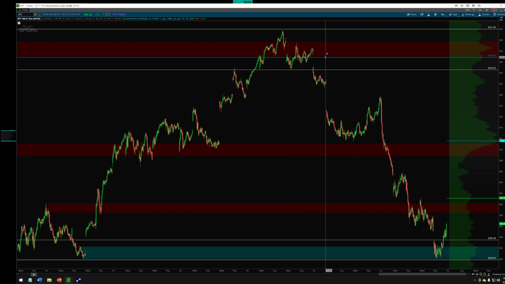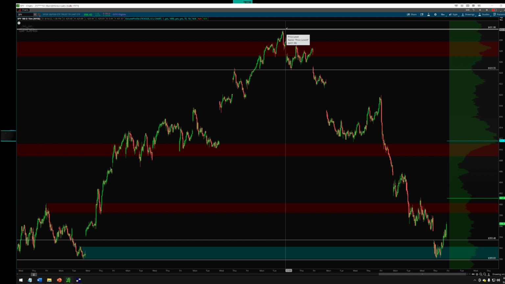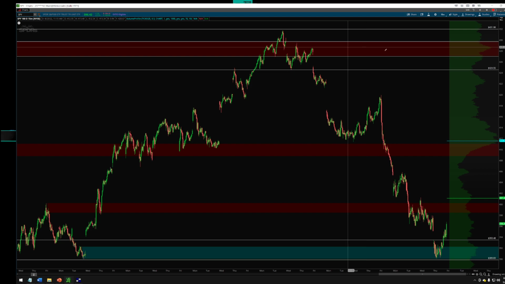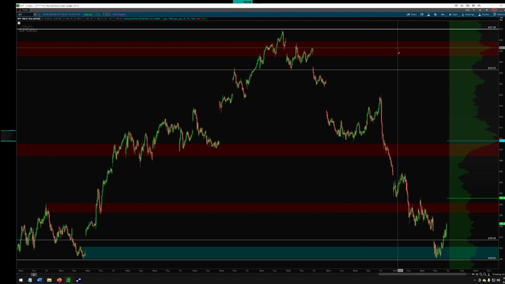It all depends, but it gives you a very well defined risk. If I take it here and this is my stop, I just take this distance, multiply it by 3, and that is my last target, and I get out there. Okay.